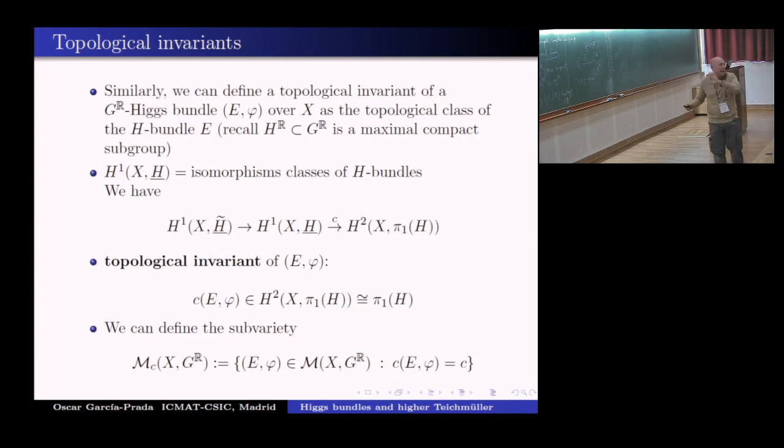The Higgs field doesn't play any role in defining the invariant, right? It is an element in the fundamental group of H. And so you can now define the subvariety of the moduli space by fixing this invariant, okay? It's like fixing the Chern class, right? If you were working with GLNC or something, yeah?